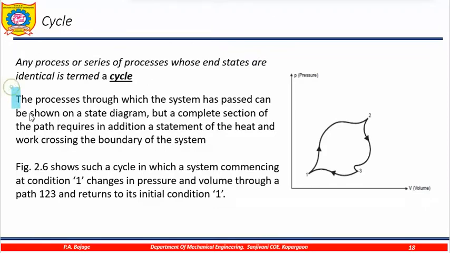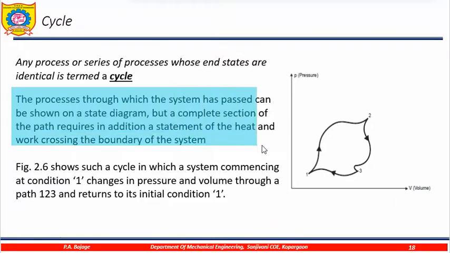The process through which the system has passed can be shown in the state diagram, but a complete section of path requires in addition a statement of heat and work crossing the boundaries of the system. Now, in a cycle, either work will be produced or heat can be shared from the system or to the system, vice versa.